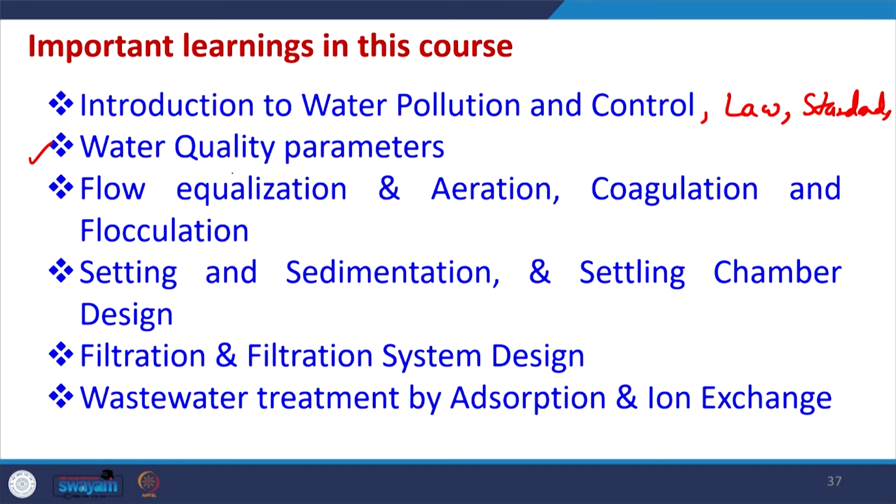In this section we studied various water quality parameters, including physical, chemical, biological and pathological, though we did not study pathological in much detail because that was not within the scope. Still, all these parameters must be well understood, and only after that can we better understand what strategy has to be adopted for treatment of any wastewater.